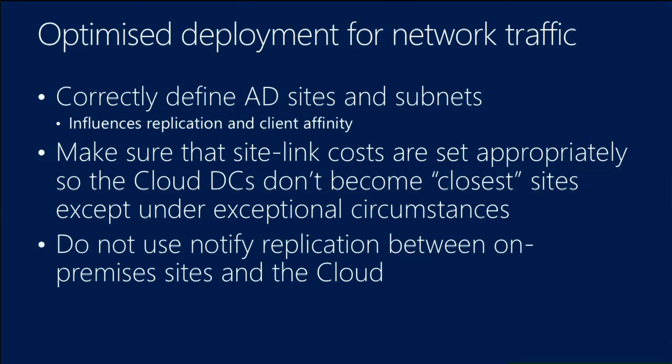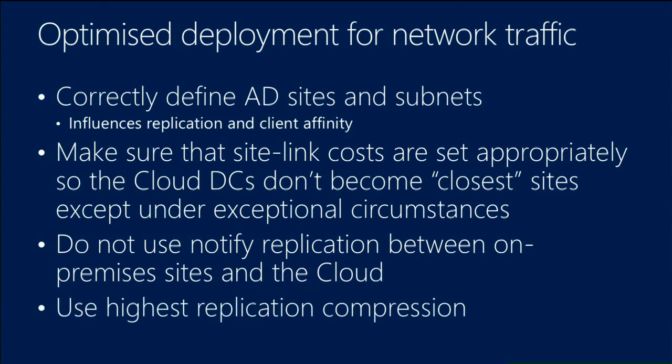And you don't want to enable notify replication between on-premise sites and the cloud. The reason being there could be a lot of traffic happening with the notifications all the time. And of course, you're going to be charged for it. All right? So it's better to not have it switched on.